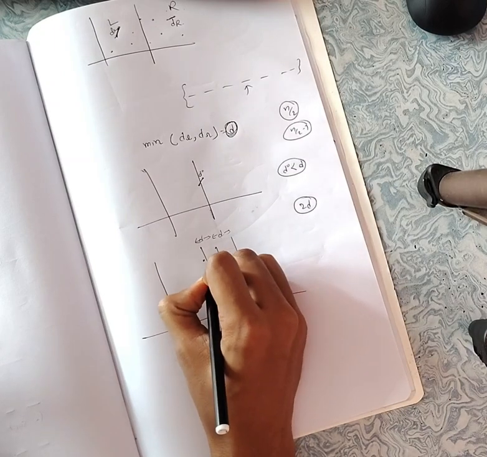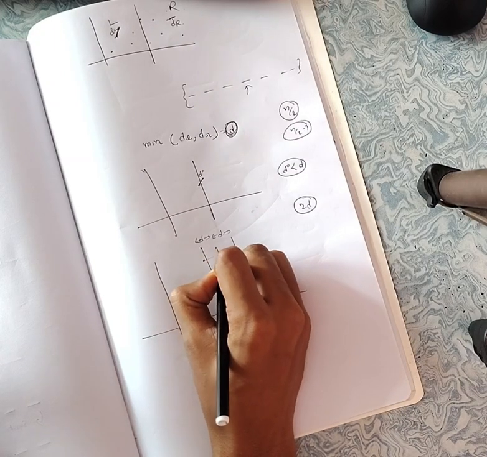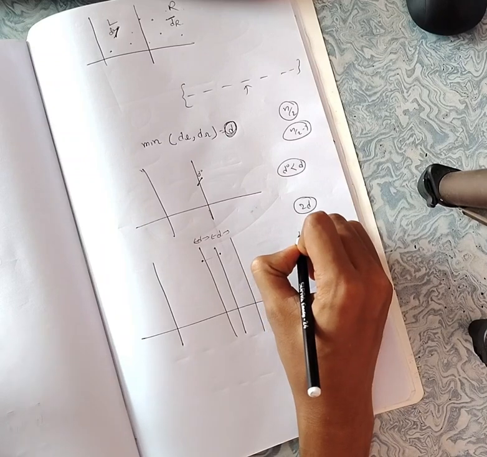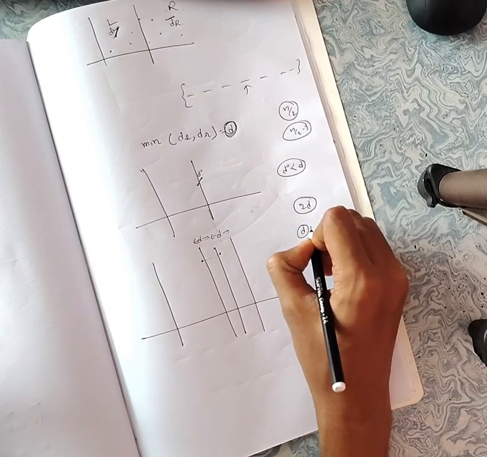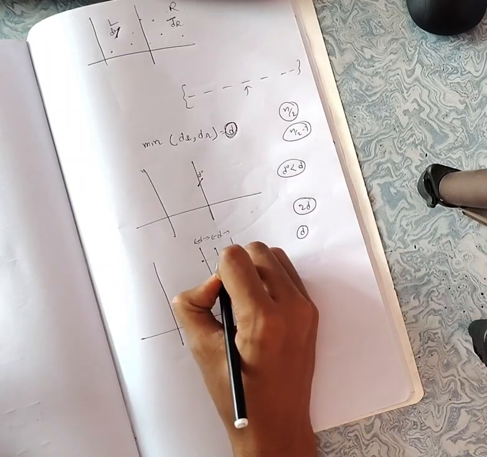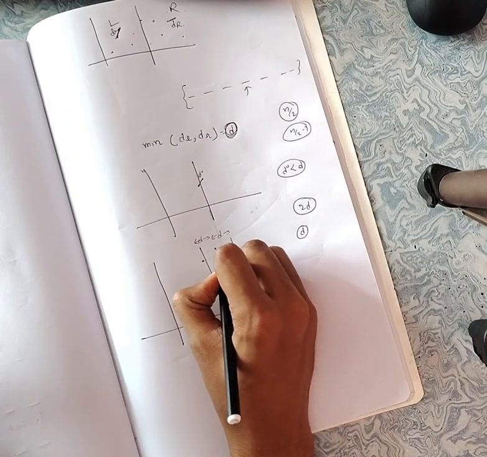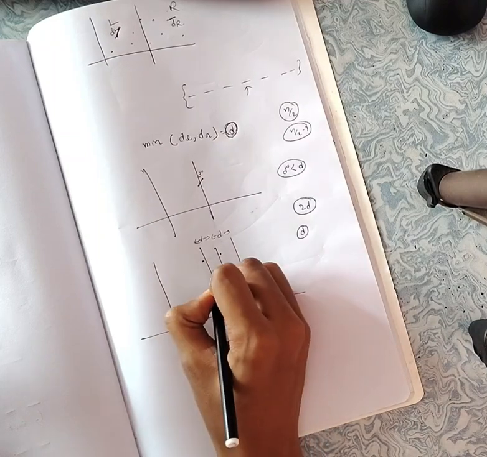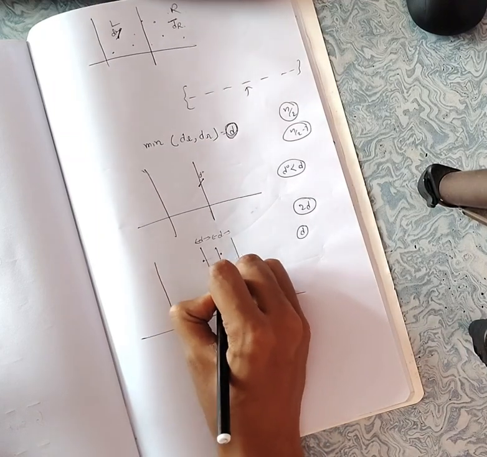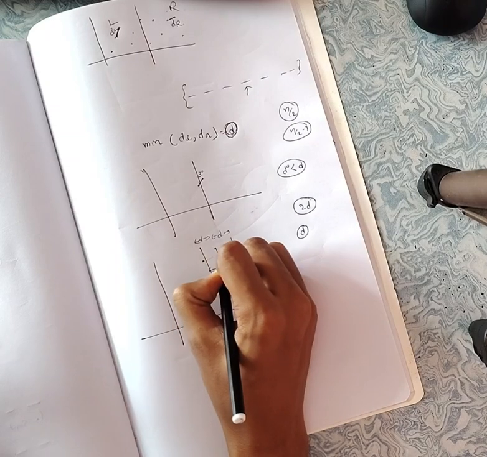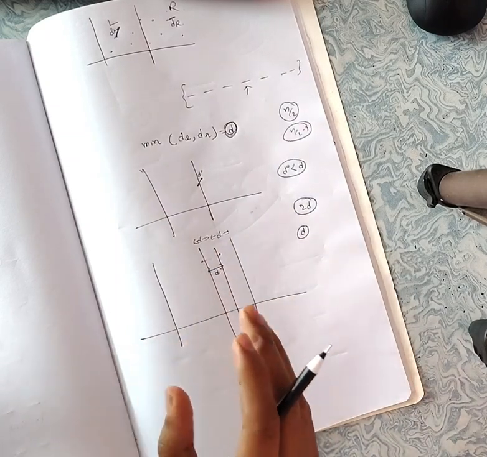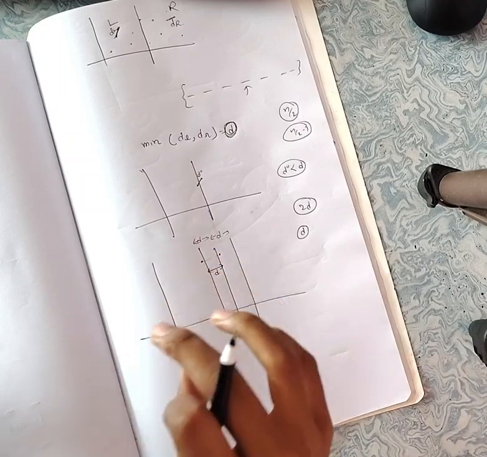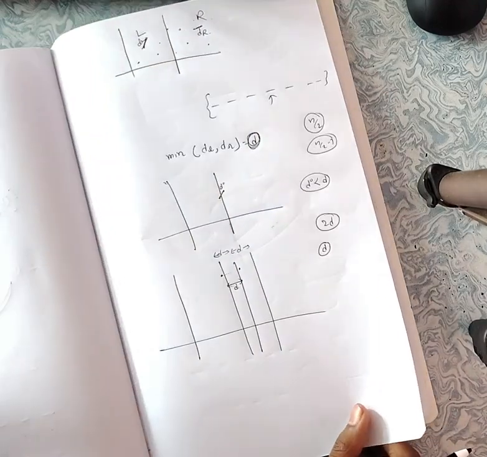And this distance, which I have shown in dotted line, will always be greater than d, because this strip is of d length. So we don't need to consider any points that are beyond the strip. We need to focus on the strip only.